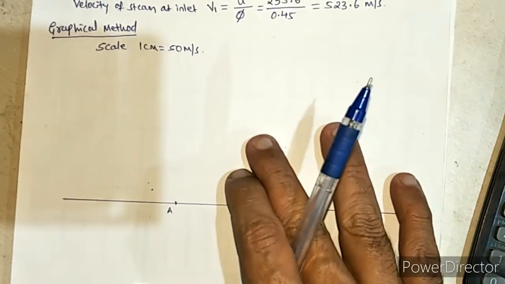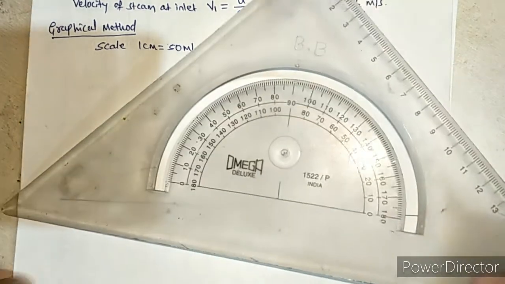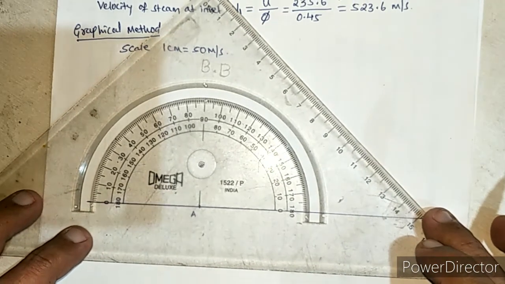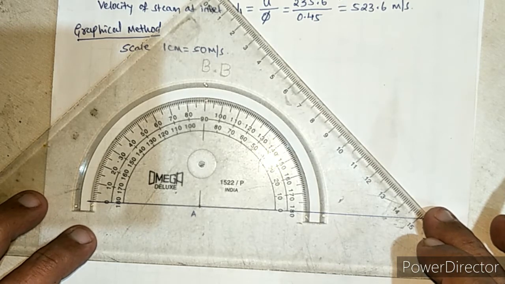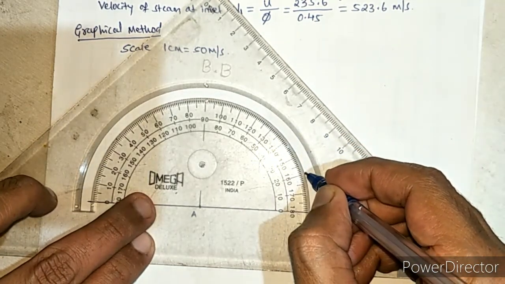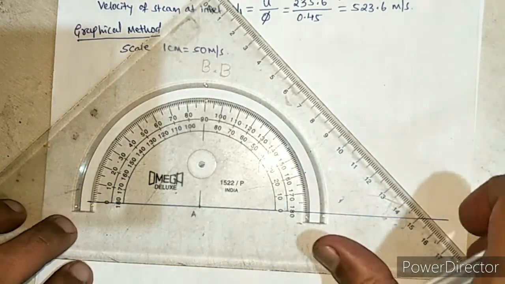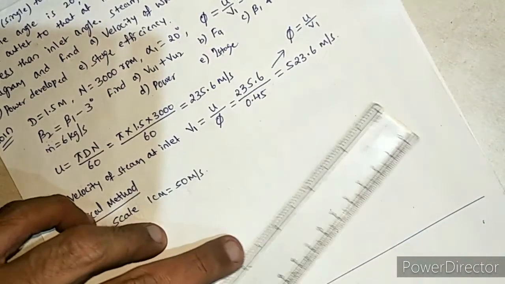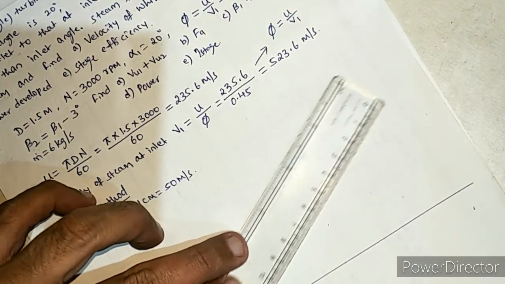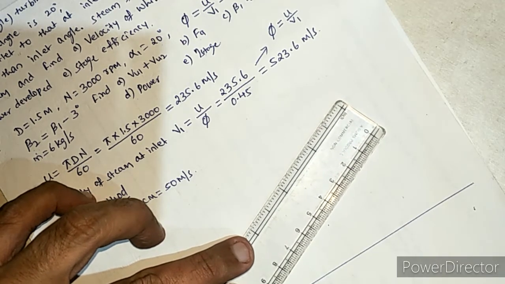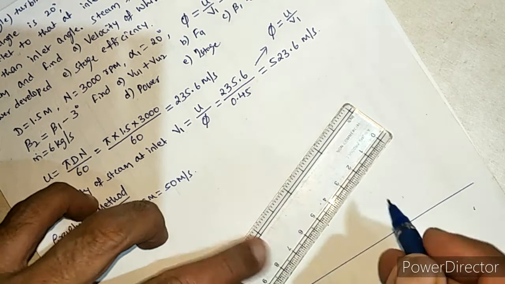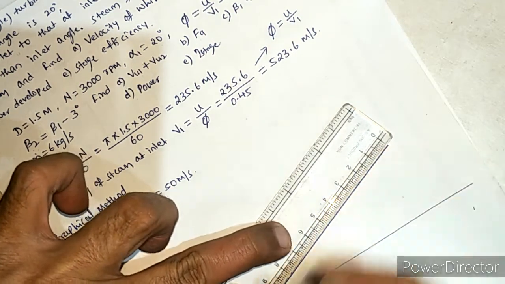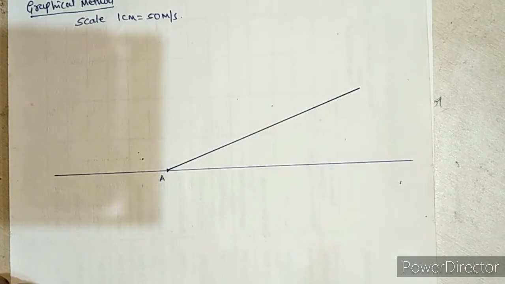So from point A, I am going to draw a line at 20 degree, that is alpha 1 is equal to 20 degree, and the length of that line, the length of v1, will be 10.47 or 10.5 centimeters. So this is the line which I have drawn.